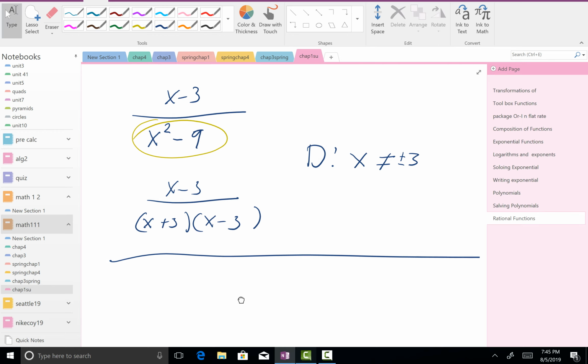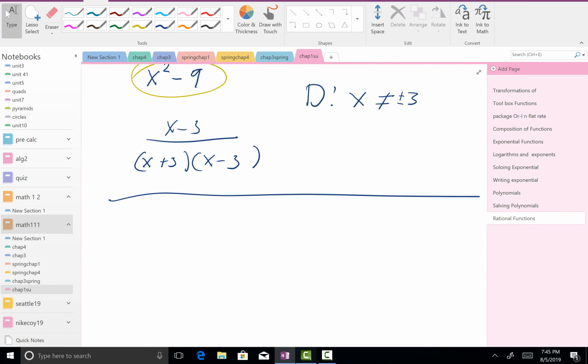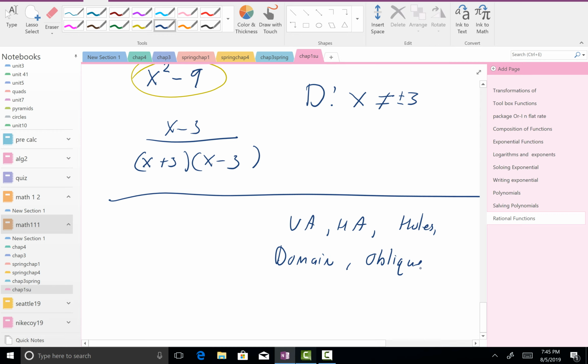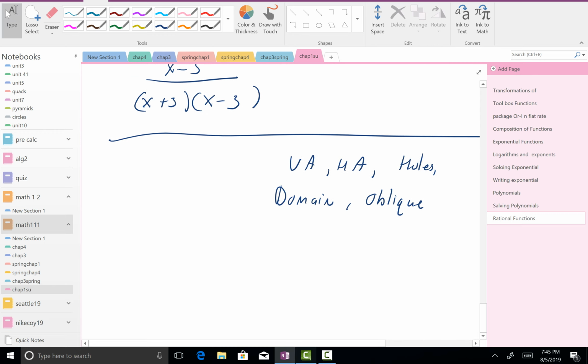Now it's going to ask us to find vertical asymptotes, horizontal asymptotes, poles, domain, obliques. They're just going to give you some, and you just have to look at them.